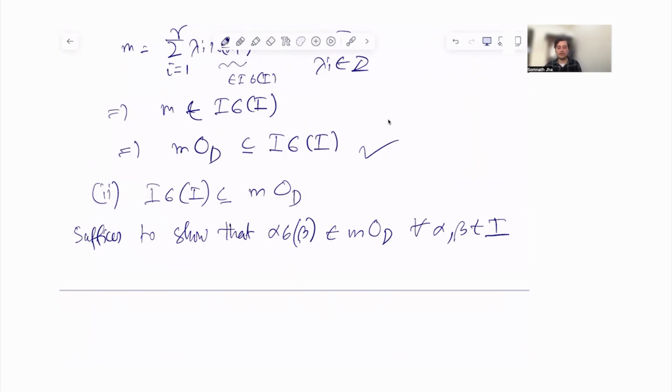Because if it is diagonal, alpha times sigma alpha, then obviously it belongs to M, since it is the ideal, it is a Z multiple of that. So in particular it is an O_L multiple of that, but we have to show this.